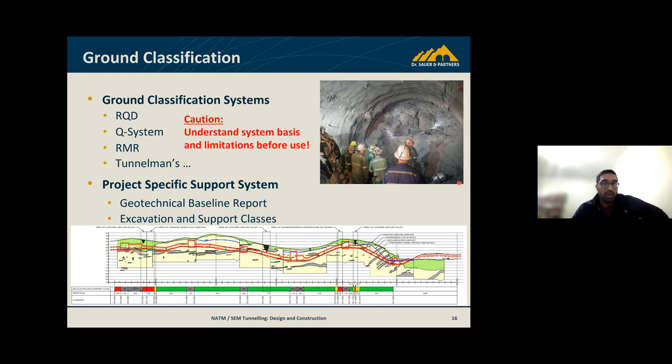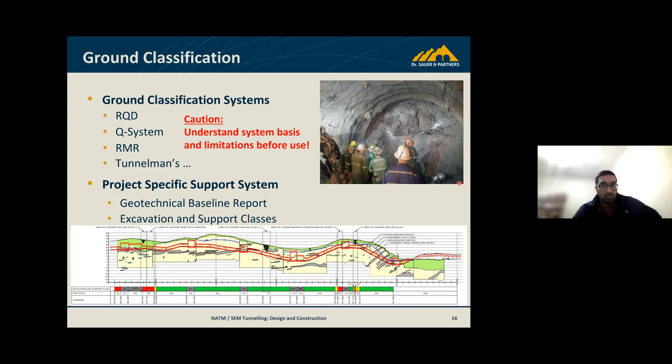What you're getting out of the ground from geotechnical investigation compared to what these classification systems are telling you based on that could be a bit different, and it's important to make sure we understand that before we fully implement all of those.